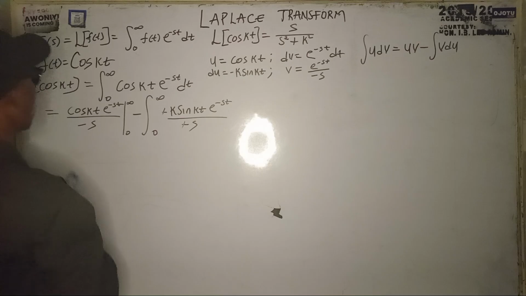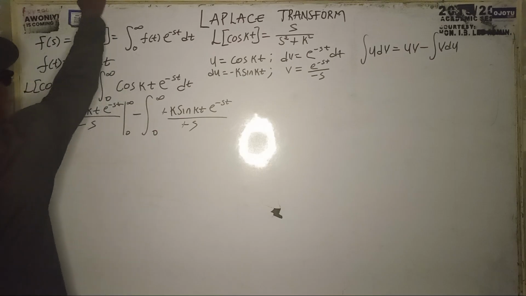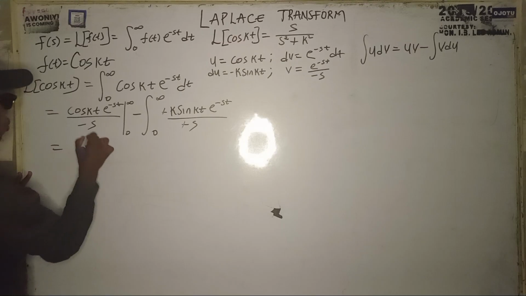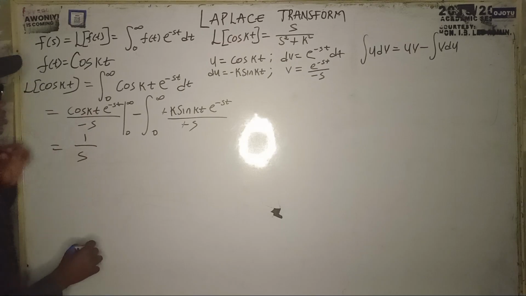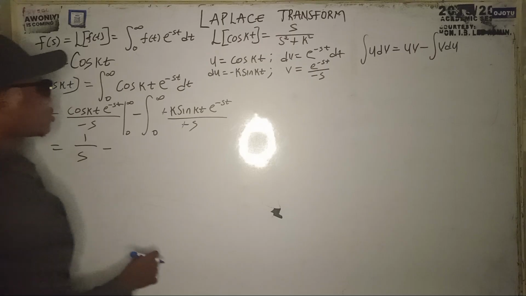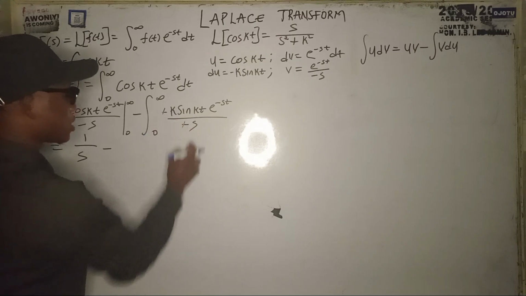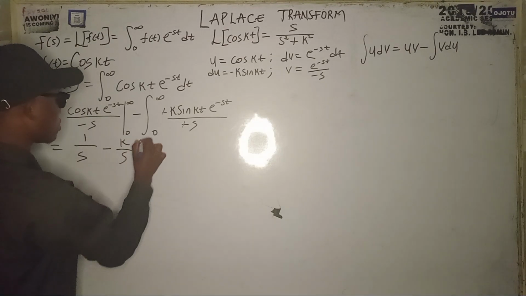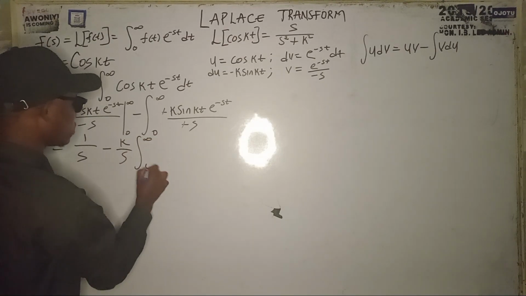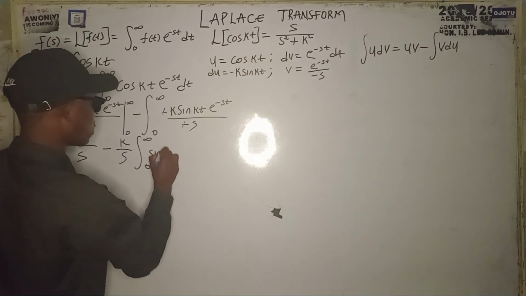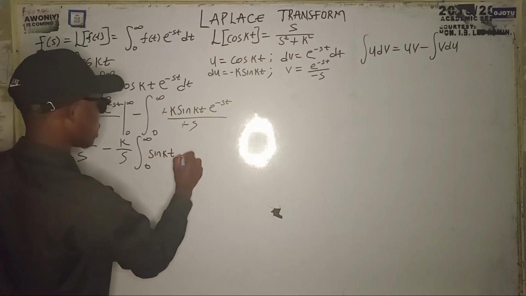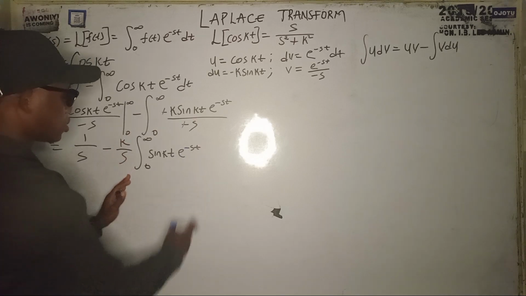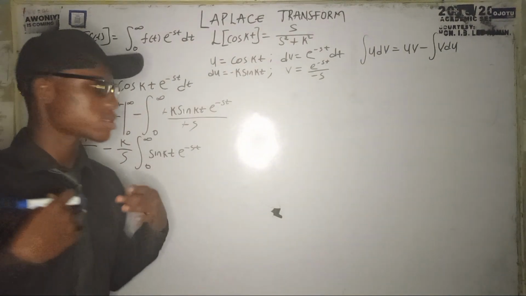So now that we have known the value for cos kt when we apply our bounds, that means this is equal to 1 over s, minus, now bring our k out since it is a constant, we have k over s, integral from infinity to 0 of sine kt times e raised to the power minus st. Now this is also another integration, and we do integration by parts again.